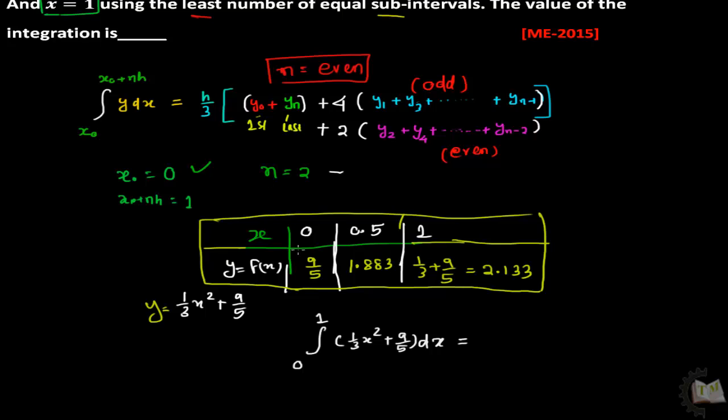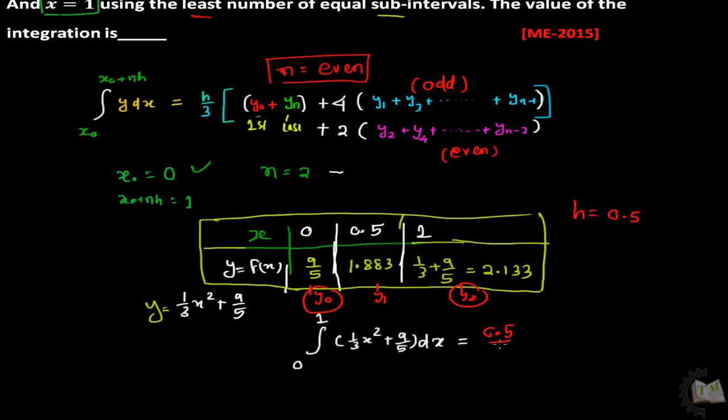First you have to find the first and last terms. This is y0, this is y1, and this is y2. So the first term is y0 and the last term is y2. Before that, there is h by 3. The value of h is 0.5, that is the step size: 0.5 minus 0 is 0.5, and 1 minus 0.5 is 0.5.